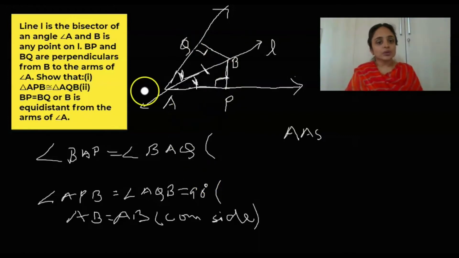We know that triangle APB is congruent to triangle AQB, and corresponding sides of congruent triangles are equal by CPCT, that is, corresponding parts of congruent triangles. So from that we can say that BQ is equal to BP, or B is equidistant from both the arms of angle A. Okay, understood?